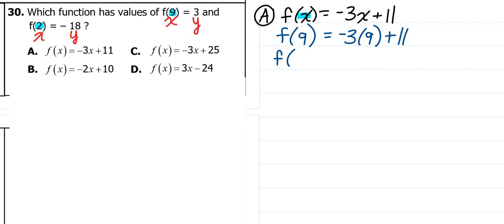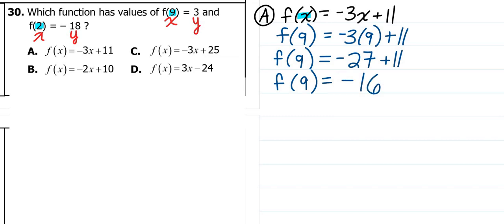So f of 9 equals -3 times 9, which is -27, plus 11. So f of 9 equals negative 16. So that's not what we want. We want f of 9 to equal 3, not negative 16. So automatically, I already know that A is not the correct answer. When I put an input of 9, I don't get an output of 3. So I'm not going to choose choice A. Let's go on to choice B.